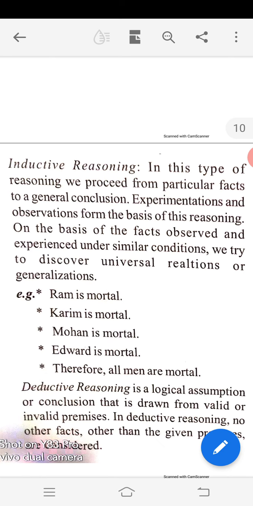From the premises we obtain the concrete data as well as the generalizations. So inductive reasoning proceeds from particular facts to a general conclusion. Otherwise, the general conclusion is obtained from specific observations, from the particular facts. Both experiments and observation go into this reasoning.